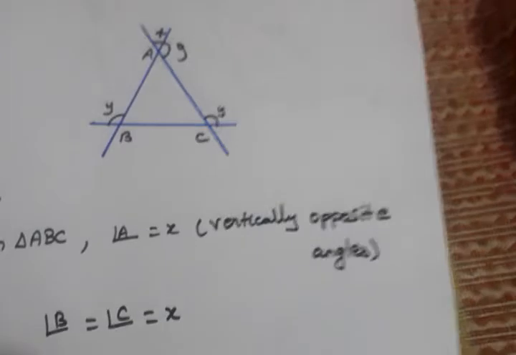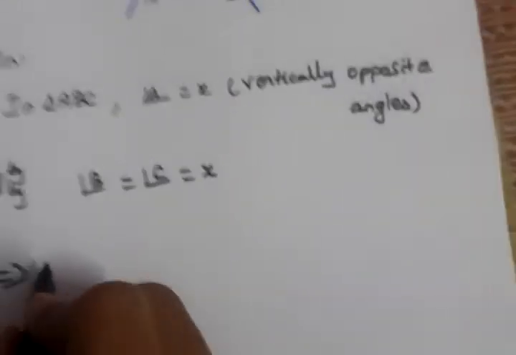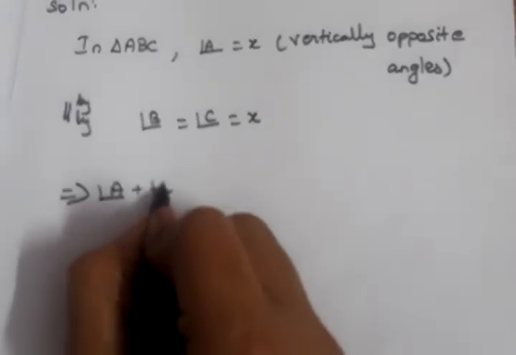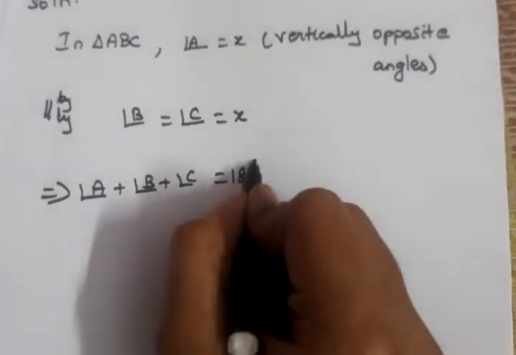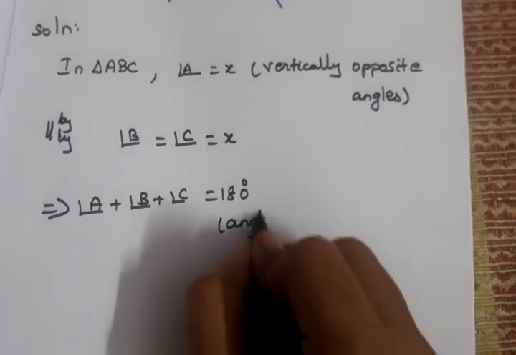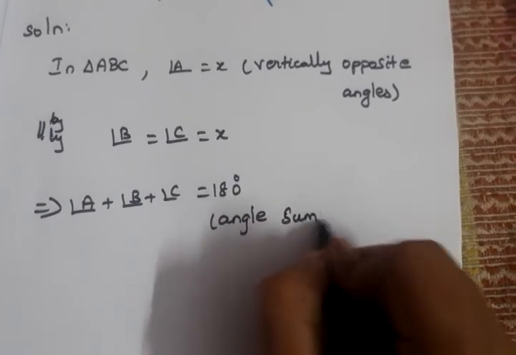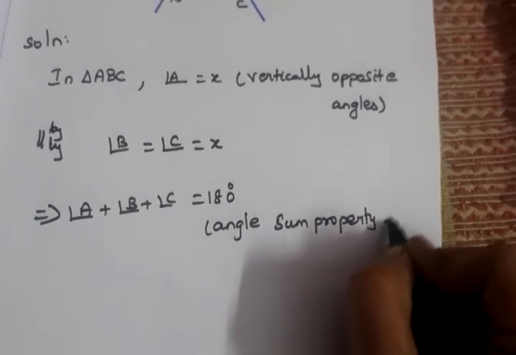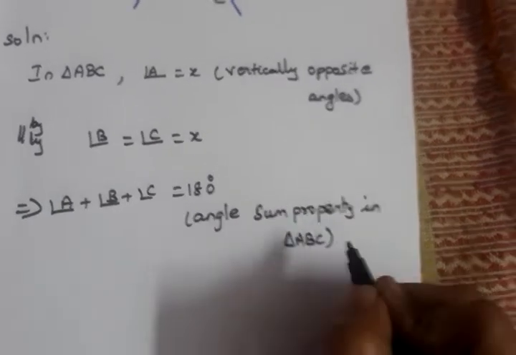So the sum of the angles: angle A plus angle B plus angle C equals 180 degrees. Angle sum property in triangle ABC.